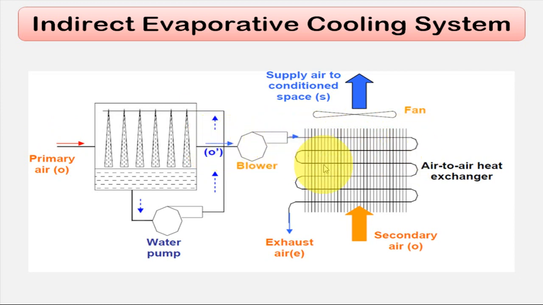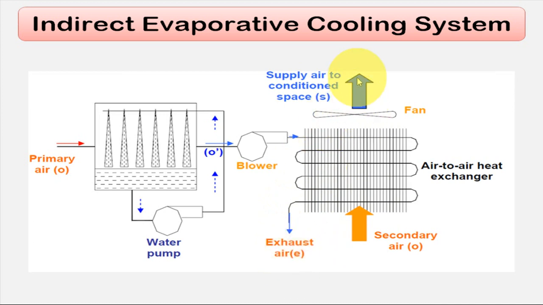That working air is passed through this heat exchanger. Now another air, called secondary air, will pass through this other passage. Now this working air will cool this secondary air, and this secondary air, after it gets cool, is sent to the conditioned space, and the working air is exhausted to the atmosphere.